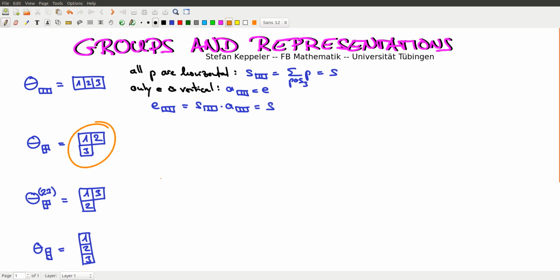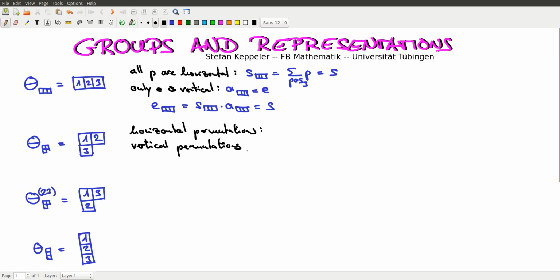Next, we come to this L-shaped tableau here. In this case, there are non-trivial horizontal and vertical permutations. So what are the horizontal permutations? Well, that's just the identity and (1 2). The vertical permutations are the identity and (1 3).